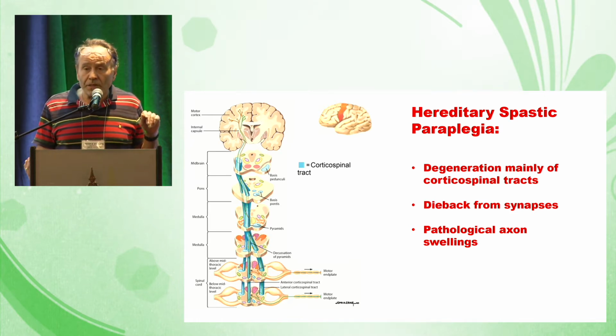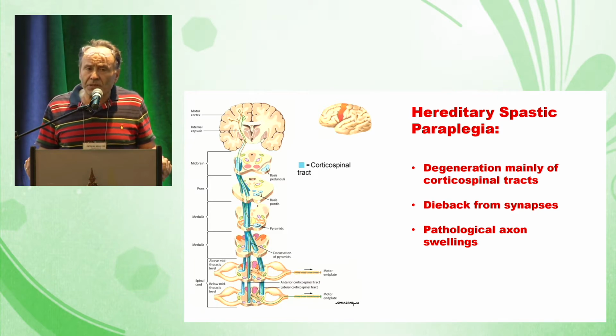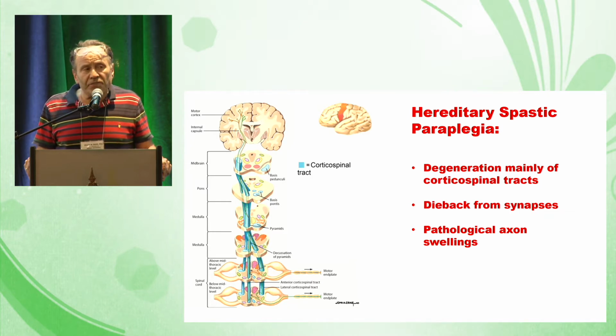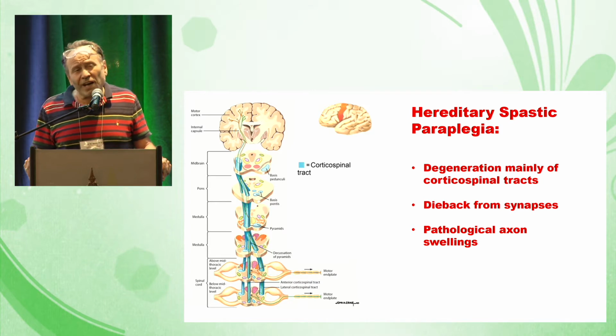The other thing I want to point out that came out in the discussion yesterday was that we really have very little human tissue to look at what's happening with the patients. So I think Dr. Fink said yesterday that we have about 12 corpses in which the anatomy has been examined in patients with hereditary spastic paraplegia.